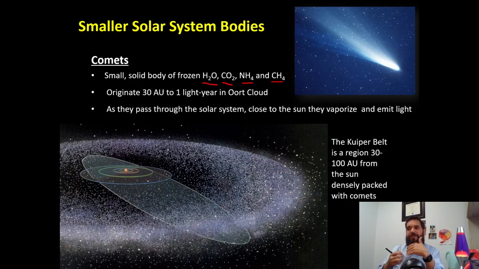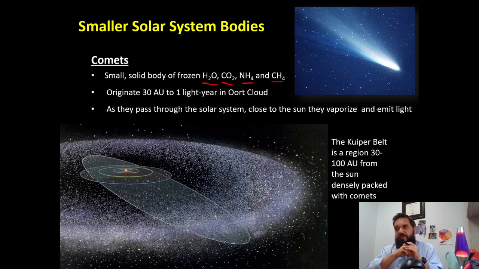They might go around every hundreds of years. They might originate 30 AU out, way beyond Neptune, all the way out. I mean, we still have material that's 1 light year away that's still orbiting the sun. So it's really amazing.